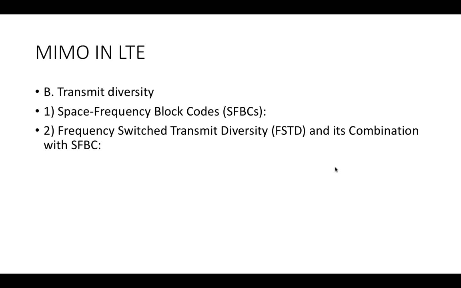This family of codes is designed so that the transmit diversity streams are orthogonal and achieve the optimal SNR with a linear transceiver. And then there is frequency switched transmit diversity and its combination with SFBC. A general FSTD system transmits symbols from one antenna on a different set of subcarriers.